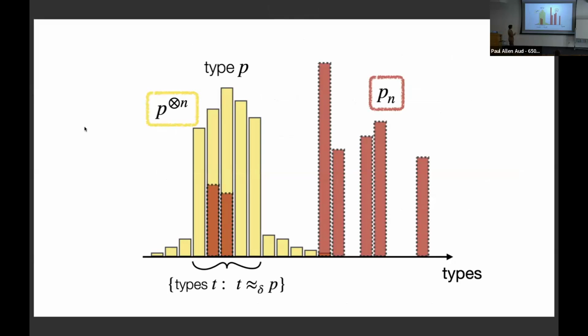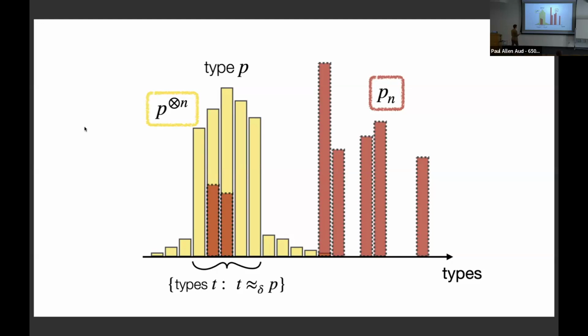So now P tensor n will be some sort of probability distribution like this, right? It will be very peaked around type P, but of course it will also have some types that are close to P well represented. And now you remember the only thing we know about Pn is that it's epsilon close to P tensor n. We don't know anything else. So Pn could be any random probability distribution.